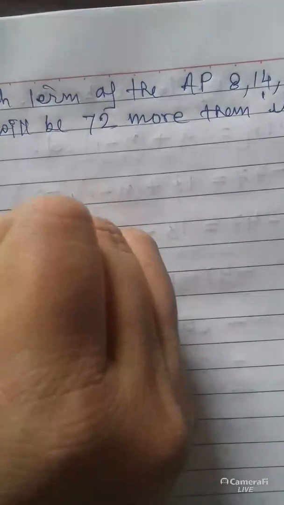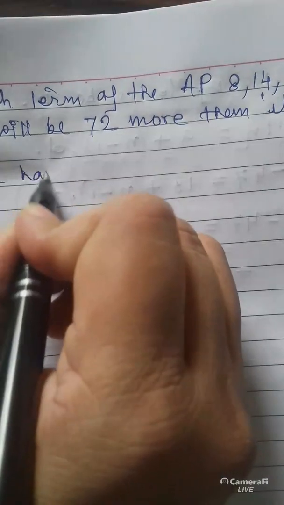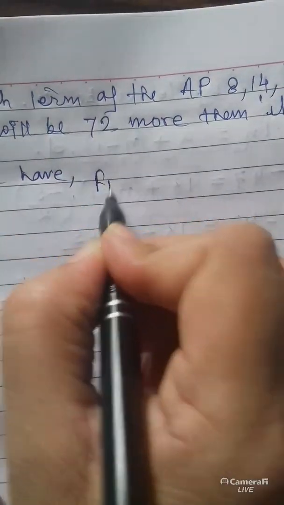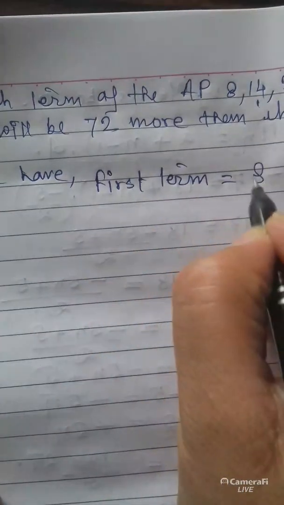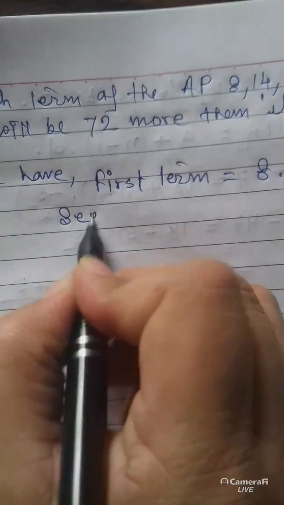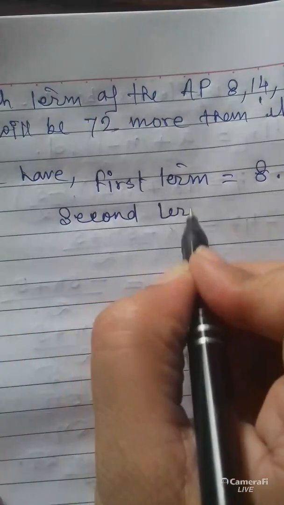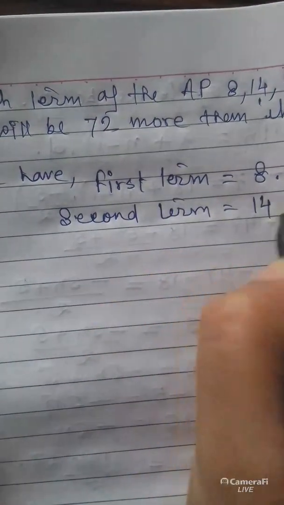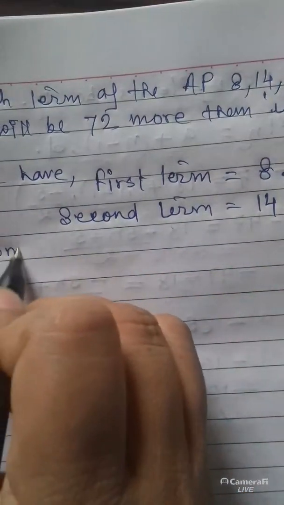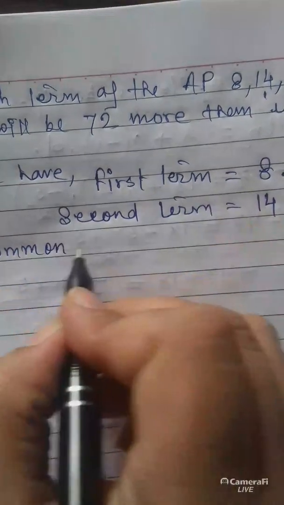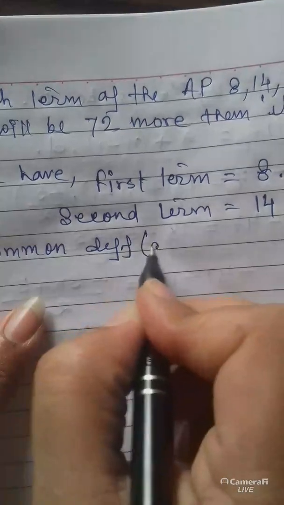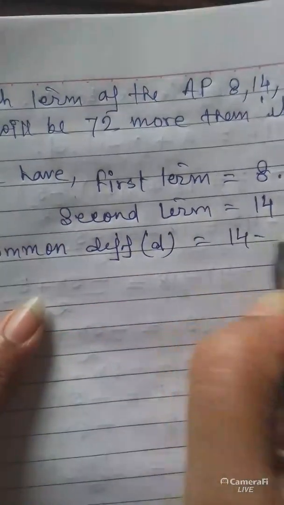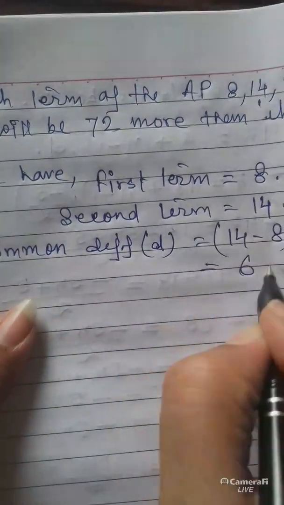Now in this AP we have first term equal to 8, second term equal to 14. Now common difference D equal to 14 minus 8, means 6.